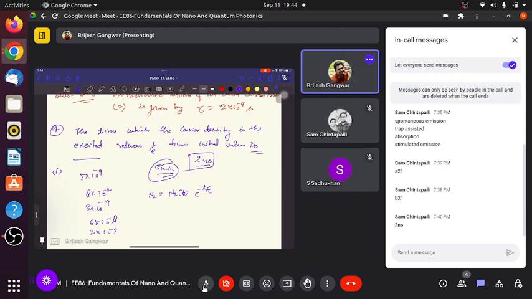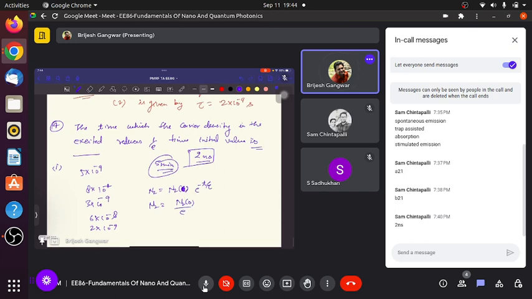So n2 equals n20 times e to the power minus t by tau, which gives minus t by tau is equal to minus 1. So t is equal to tau, so t is equal to 2 into 10 to the power minus 9.